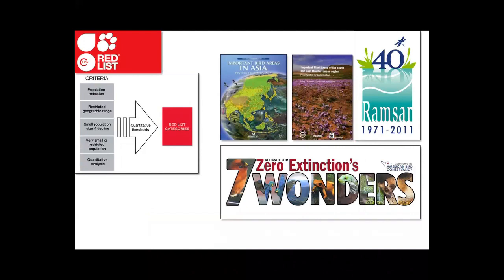The general approach taken in the standard was informed by the IUCN Red List, which uses standardized criteria and quantitative thresholds to identify threatened species.